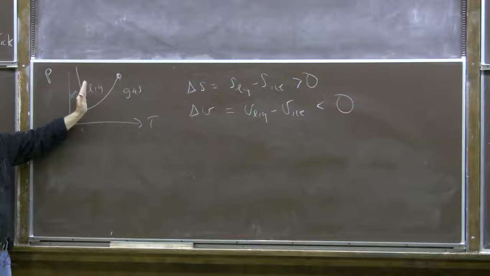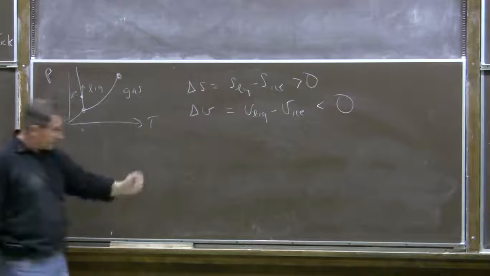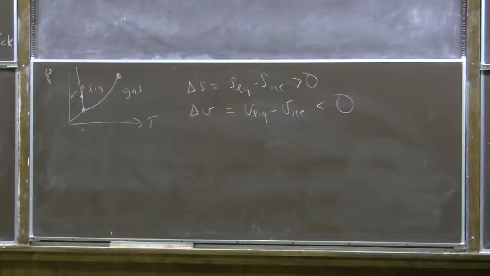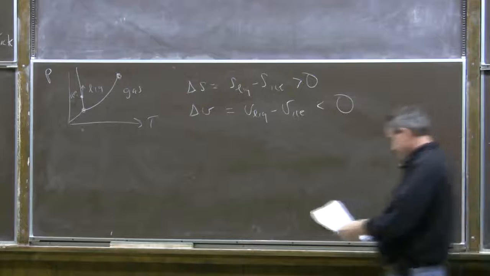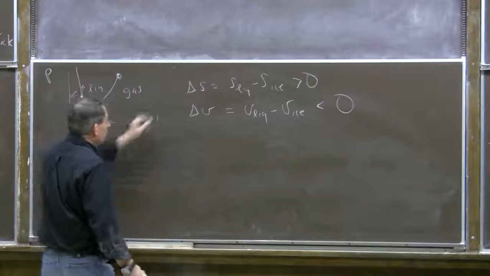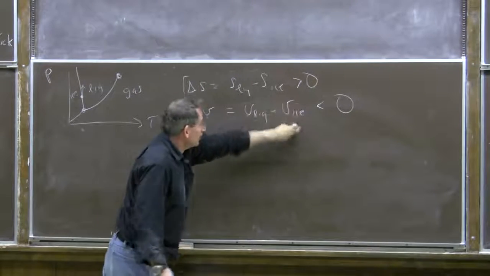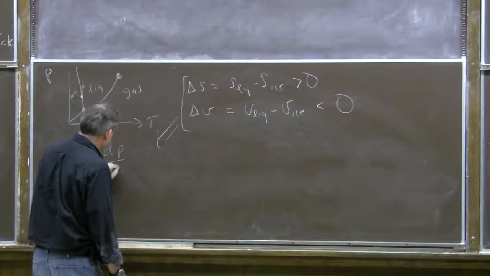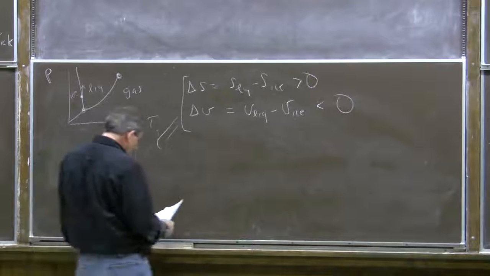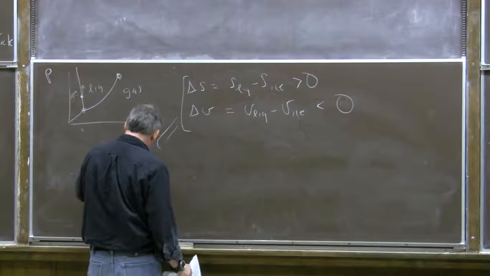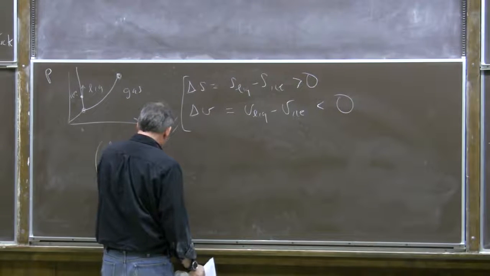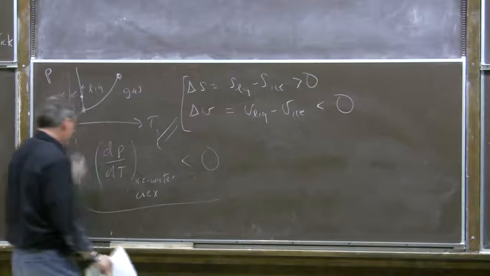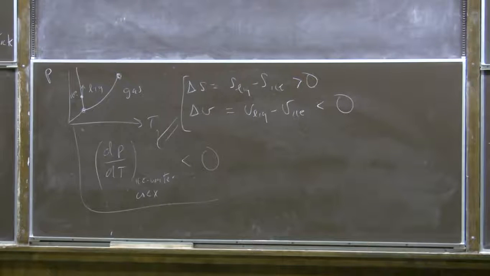Ice skate. Right. When the blade of your skate is pressing down on the ice, it melts, so you can slide on it. So that this is positive and this is negative means that dp d tau along the coexistence between ice and water is less than 0.